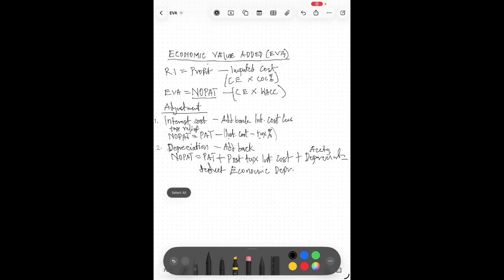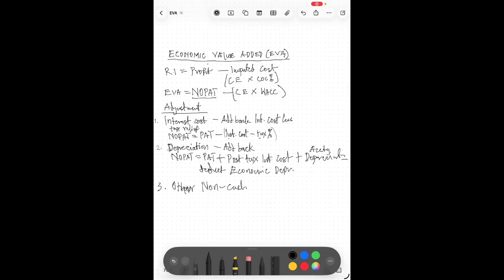So number 3 adjustment is other non-cash expenses. We said other non-cash expenses because normally depreciation should have been part of this. So we are saying normally all non-cash items, but depreciation has a different treatment, so I will have to spell out depreciation differently.